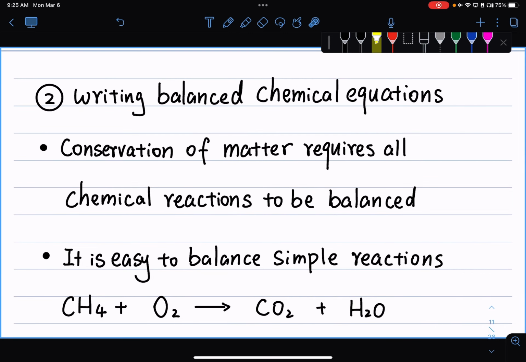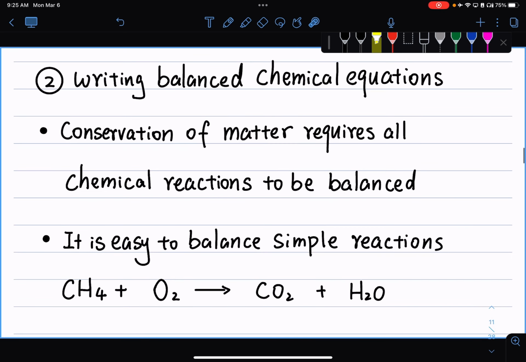Chemical reactions. This is one of the techniques you need. It looks complicated, but in fact it's actually pretty easy. When writing balanced chemical equations, there are several requirements you need to fulfill.